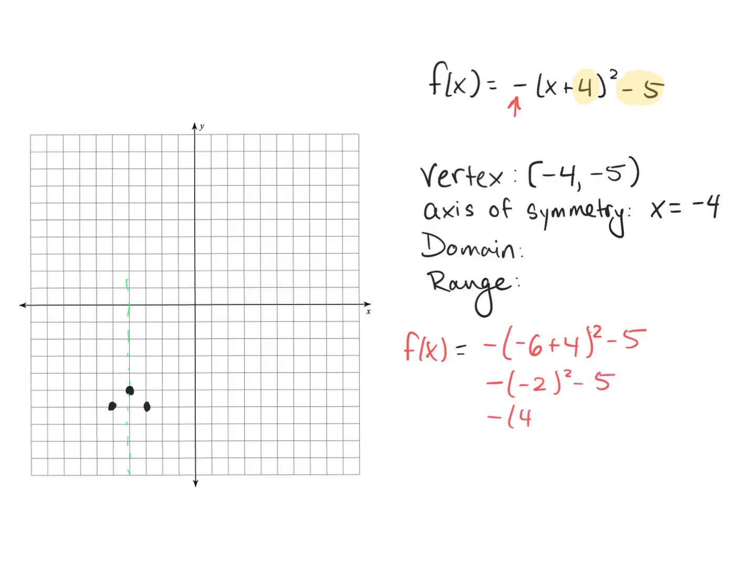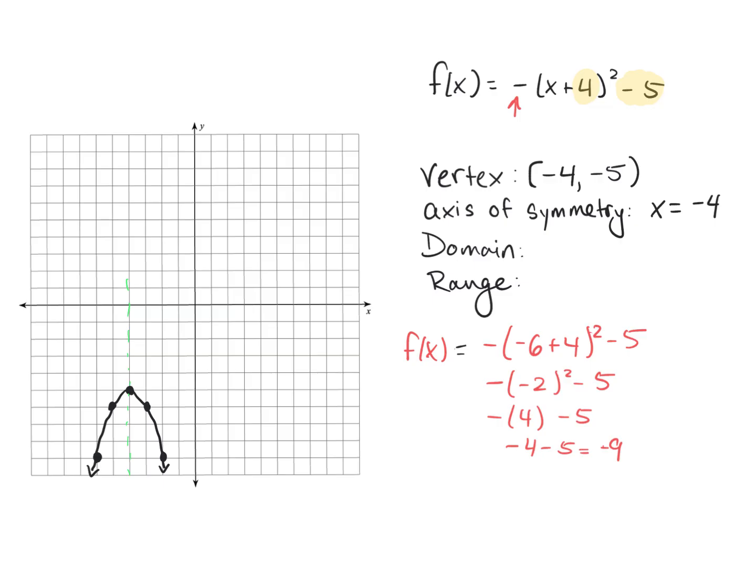This is going to become +4, but that negative is still hanging out front, so that becomes -4 minus 5, which is -9. So -6, -9 is a point, which is here, which means it's mirrored on the other side over there, and so my parabola is going to look something like this.